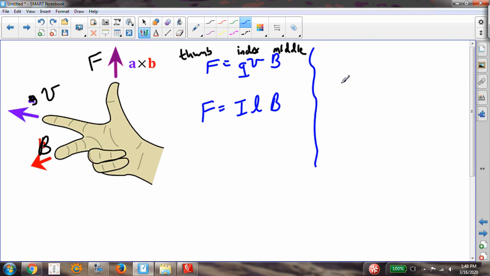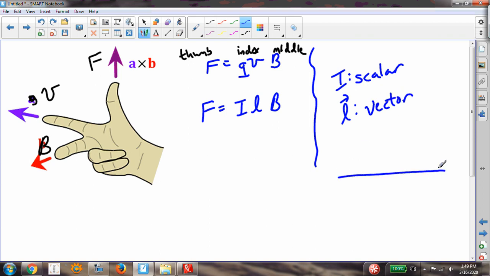So I is a scalar. Current is a scalar quantity. L, which is the direction and length of the wire, that is a vector. So imagine that I have a wire right here. The direction that it's pointing and the length that it is, that is going to be my length vector. And then B is also a vector.